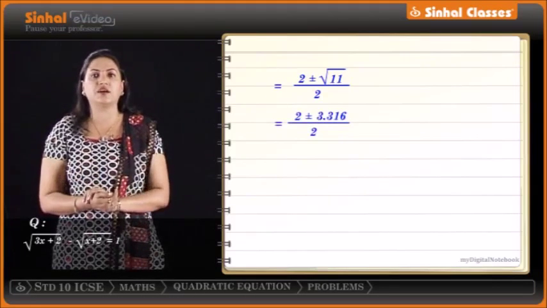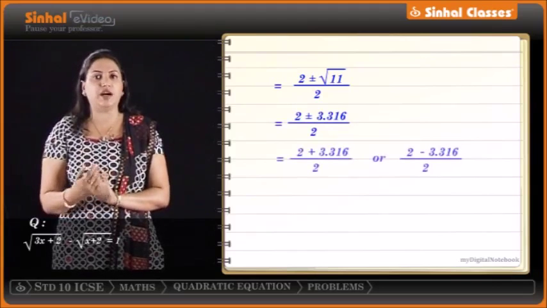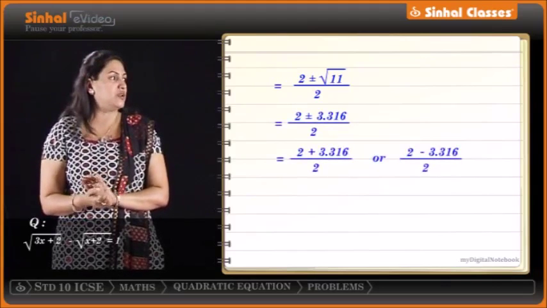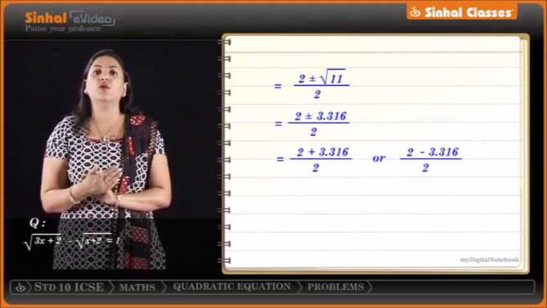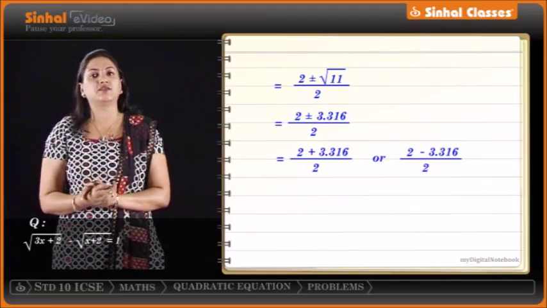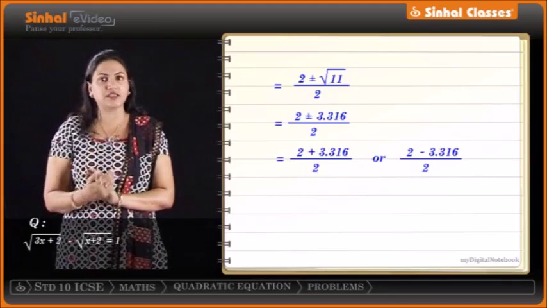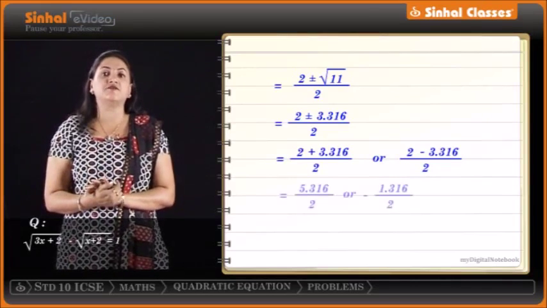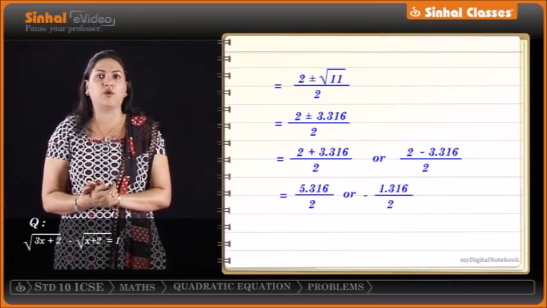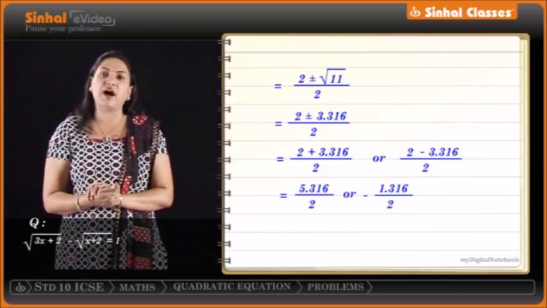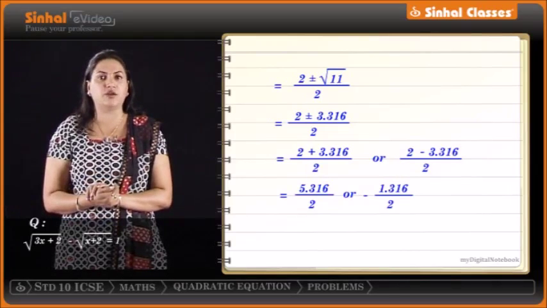Now separate the terms as 2 plus 3.316 upon 2 or 2 minus 3.316 upon 2, which is further simplified as 5.316 upon 2 or minus 1.316 upon 2.